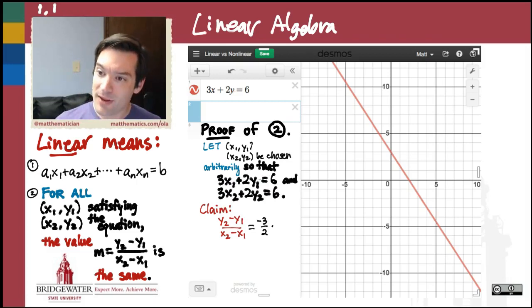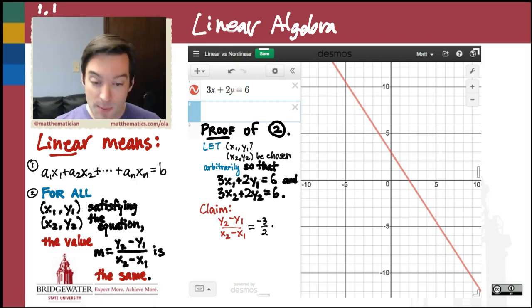And so now is when the plug and chug, the less illuminating part of the proof, but the more technically challenging part of the proof comes in, is we need to figure out how to justify this equation based only on knowing that these two equations are true. So what in the world is that going to look like?